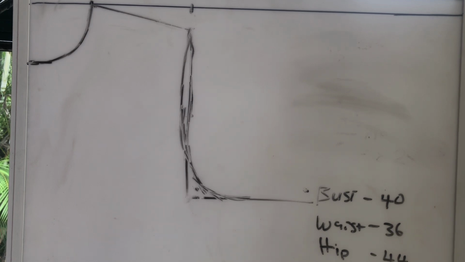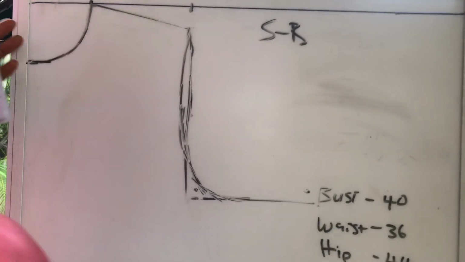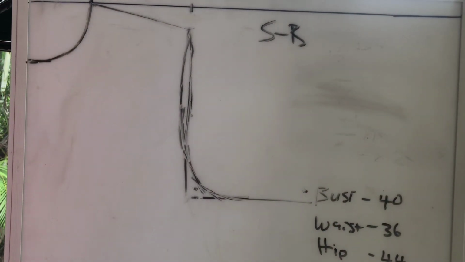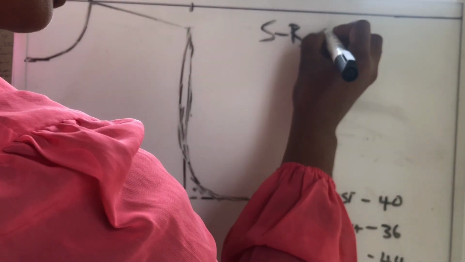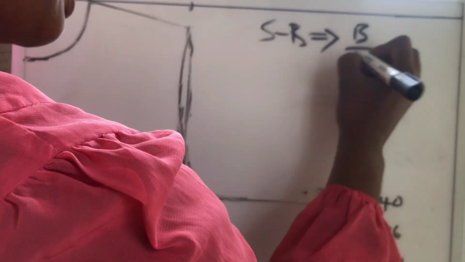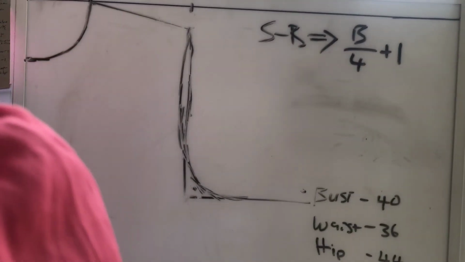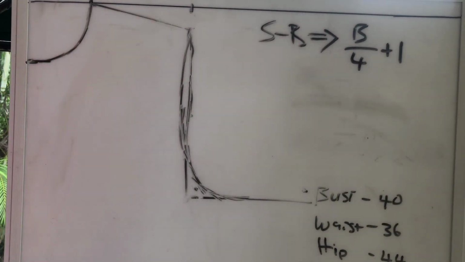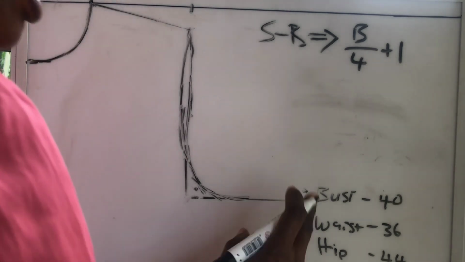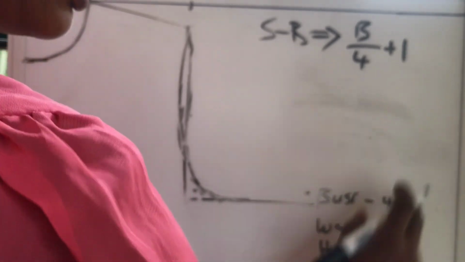For us to get the shoulder to bust: shoulder to bust is equal to bust divided by 4 plus 1, in which this person's bust circumference is 40.